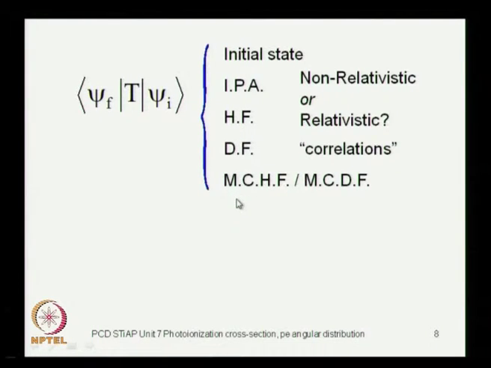If you take into account the electron correlations, for which you will need a multi-configurational Hartree-Fock, MCHF, or a relativistic self consistent field, to take into account the correlations which you have ignored at the Hartree-Fock or Dirac-Fock level, which we discussed in the earlier unit, then you will have the multi-configurational Hartree-Fock or the multi-configurational Dirac-Fock, that is the MCDF.